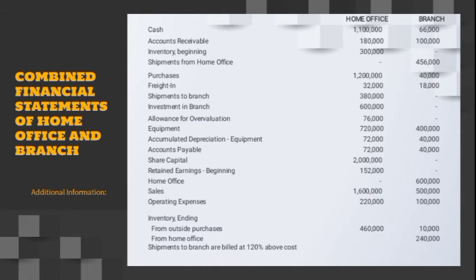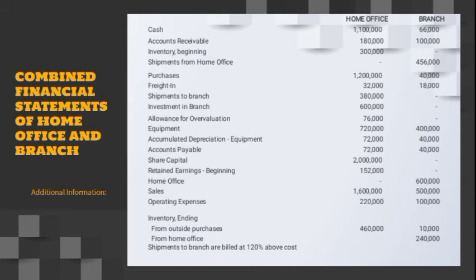Shipments from home office, ngayon, wala naman kay home office. And kay branch, 456,000. Purchases, 1,200,000 and 40,000 respectively. Freight in, 32,000 and 18,000. Shipments to branch, 380,000. Investment in branch, 600,000. Allowance for overvaluation, we have 76,000. Equipment, we have 720,000 and 400,000 naman kay branch.